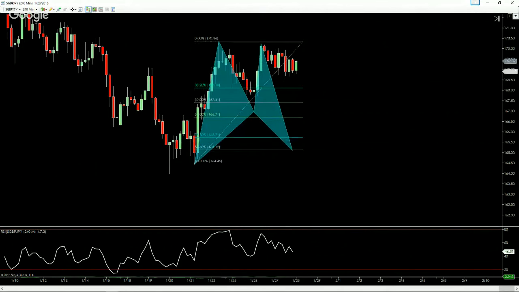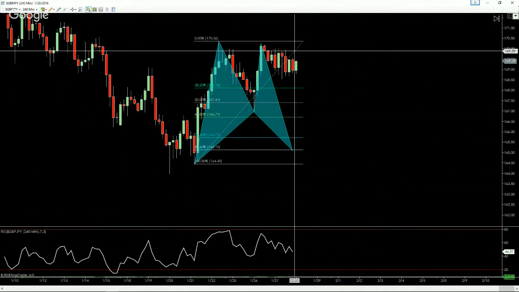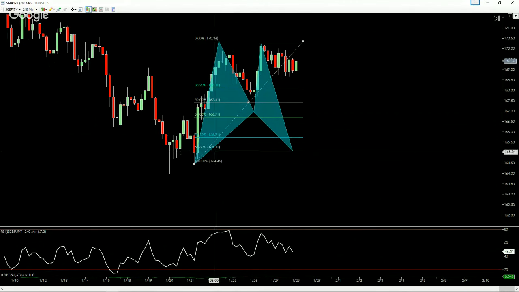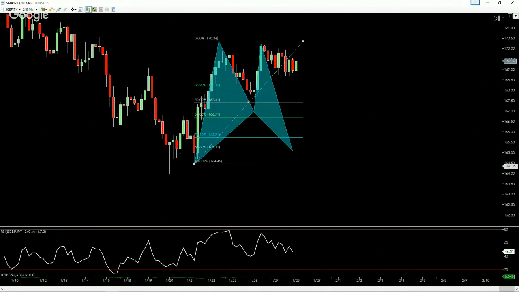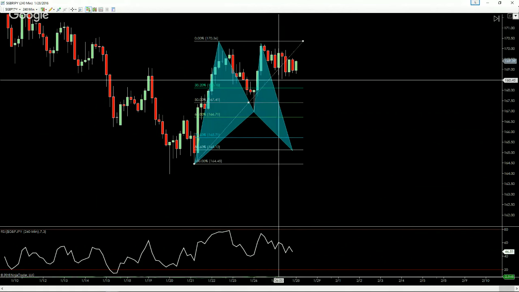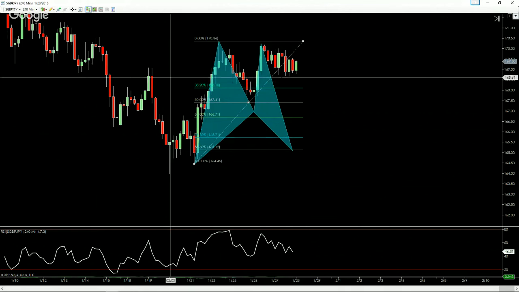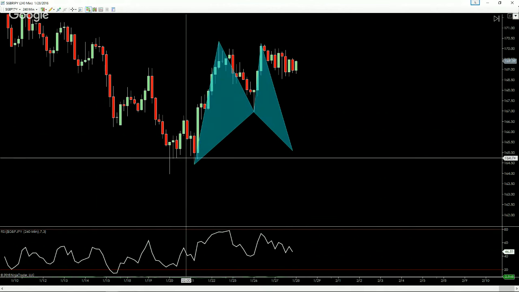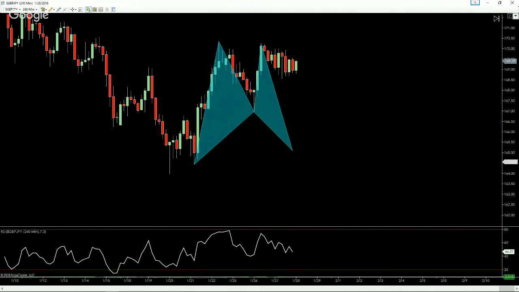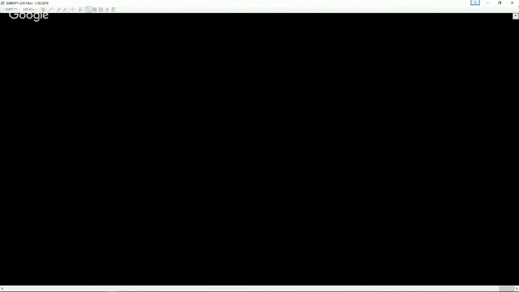But the ATR on this pair, like I said, is pretty high. So you want to make sure that the risk itself is something that you could tolerate. There would be about 140 pips, I believe, of risk on this trade if you take this as a bat pattern. So make sure that it's something you can tolerate.